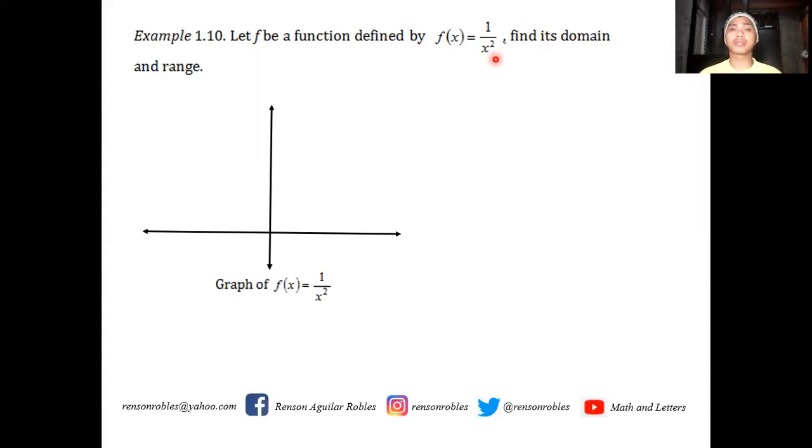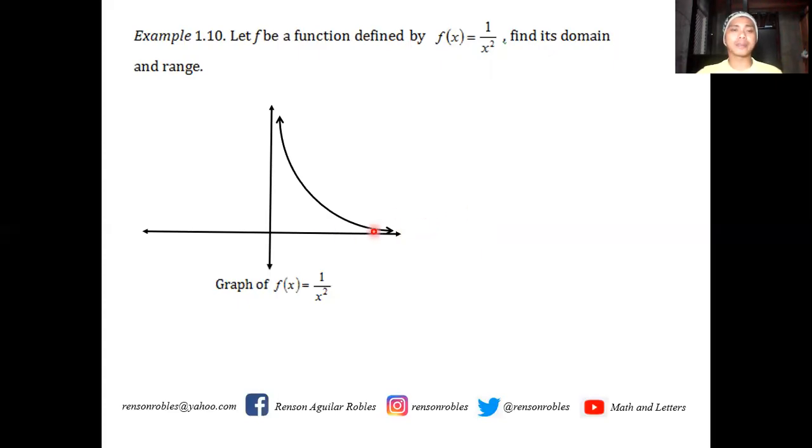So we want to trace it. As you notice, when x is approaching a very, very large positive number, the value of y decreases and gets closer and closer to 0.